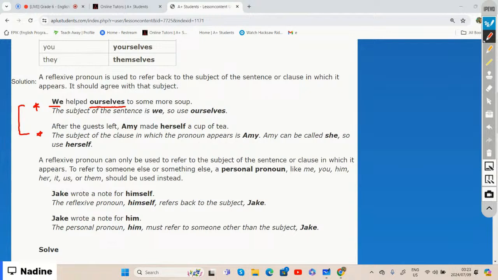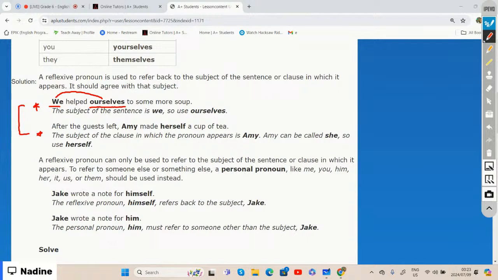So we got up and we went to get ourselves some soup. Nobody went to fetch soup for us. We went to get the soup ourselves, right? So as you can see, our reflexive pronoun is ourselves and refers to we. The subject of that sentence is we, so we use the reflexive pronoun, which is ourselves, right?